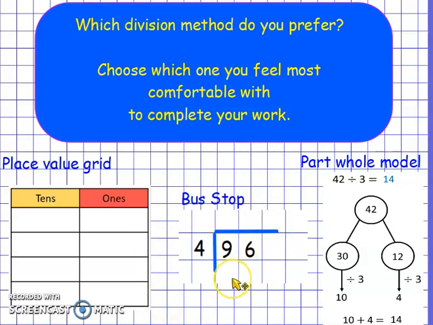The bus stop method, where you're really relying on those times table skills to divide each digit. Or the part-whole model, where you are partitioning the numbers and dividing each one to find your final answer. Have a little think about which method you'd prefer.